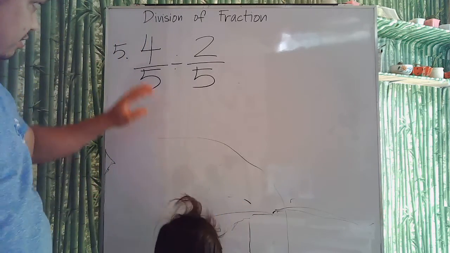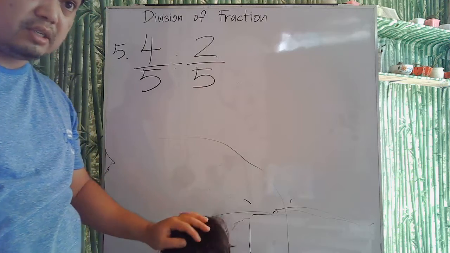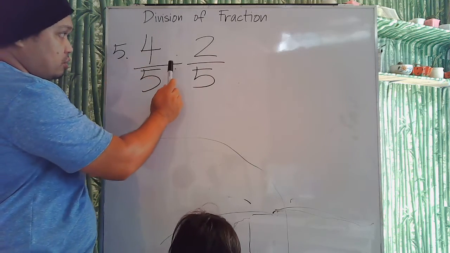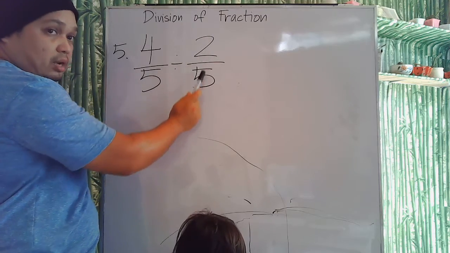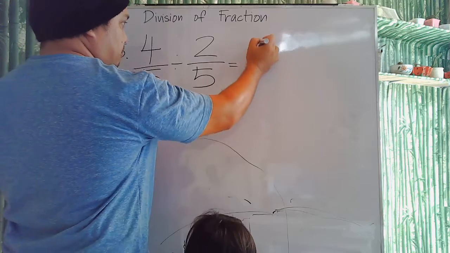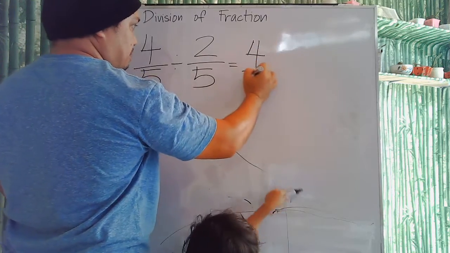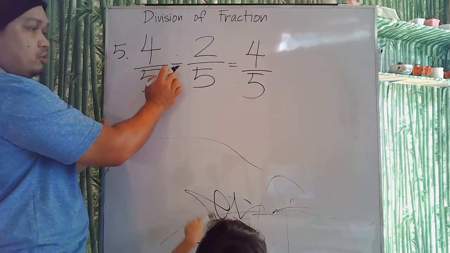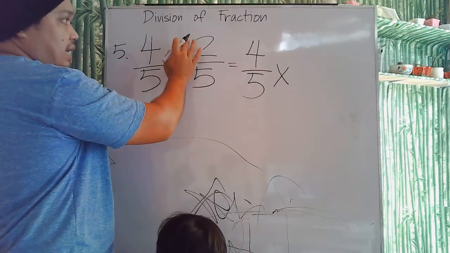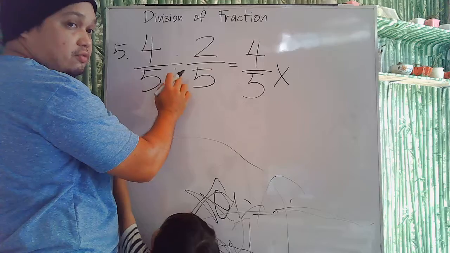To divide this fraction, the same process, multiply this fraction by its reciprocal. So, 4/5 stays as 4/5. Division here will become multiplication times the reciprocal of this fraction.